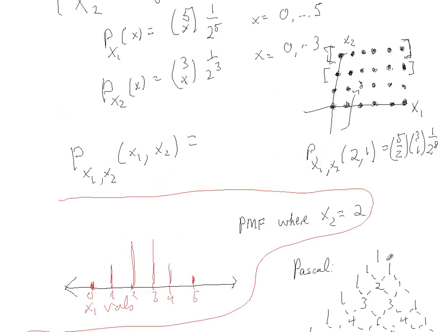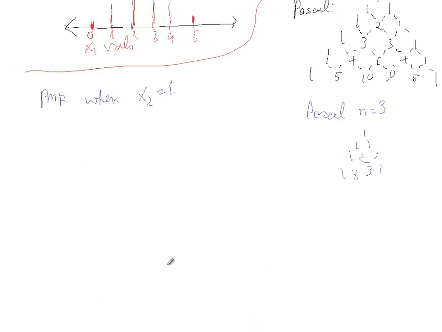So that means that this value of x2 is 3 times more likely than this value of x2. So if I were to draw the PMF for this row across, every height would be 3 times as high as this one. It would be exactly the same shape, but the heights are 3 times as big.